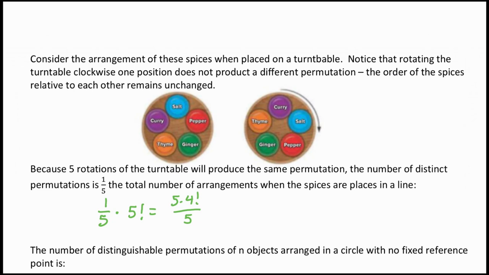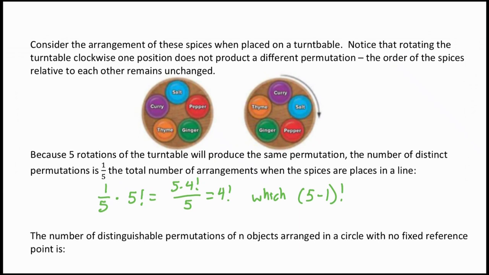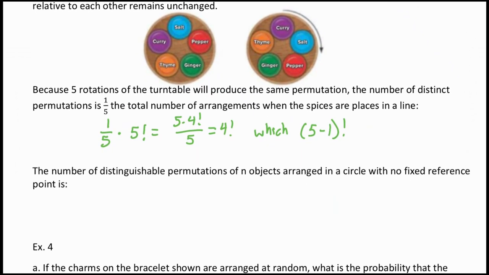The 5s cancel, so this is really going to be 4 factorial, and 4 factorial is 5 minus 1 factorial. So whenever we're doing a circular one with no fixed place, we do n factorial over n, which is a little confusing.